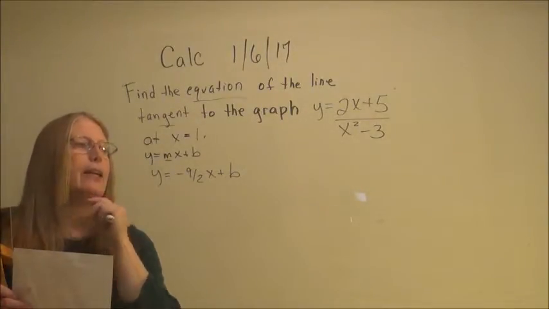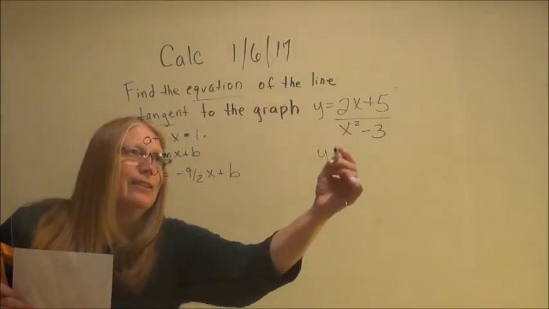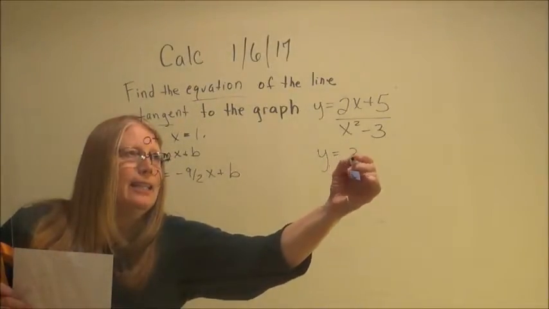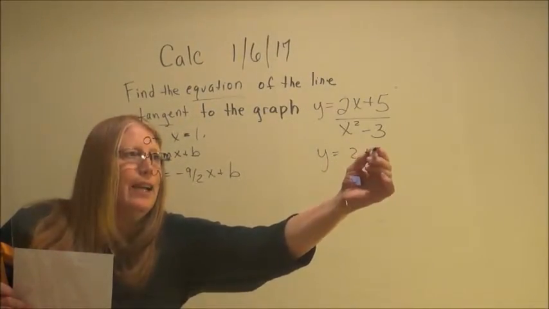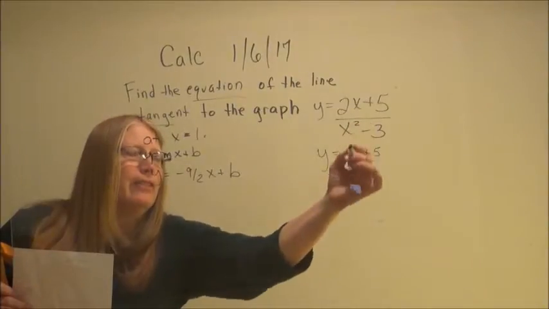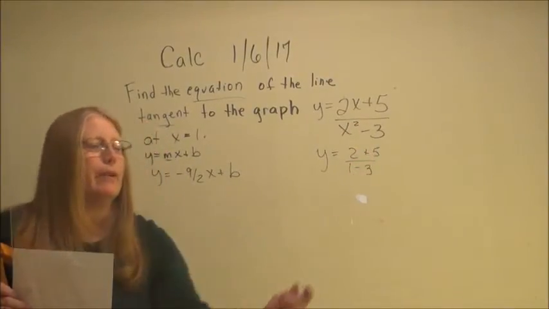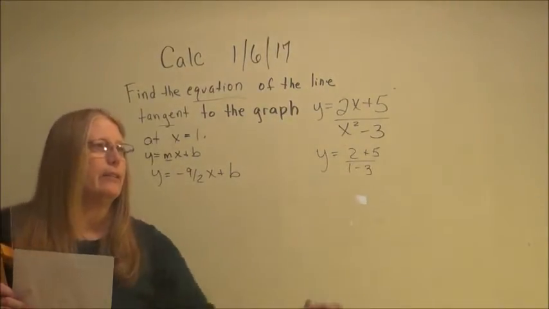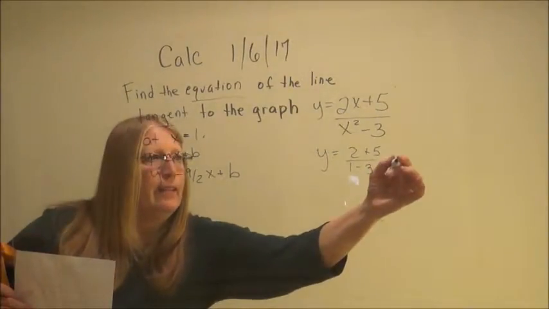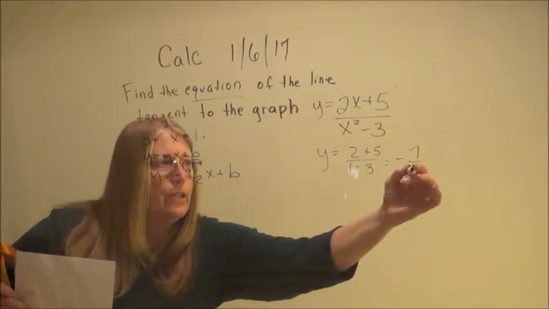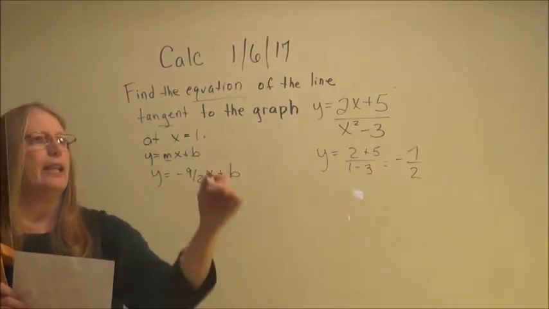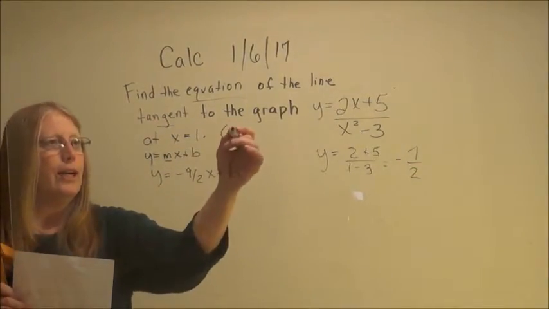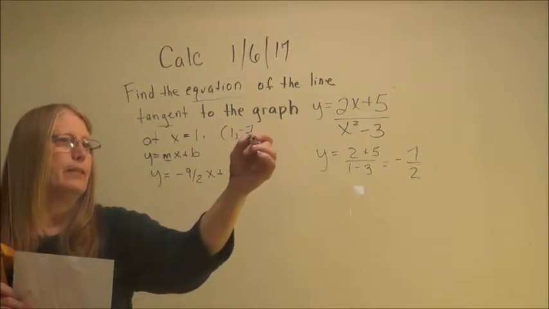Writing it out, I can't seem to do anything in my head. 2 times 1 plus 5 is the 7. I was getting negative on my paper, and for a minute I couldn't see where from, and that is from the denominator. So we have minus 7 over 2.